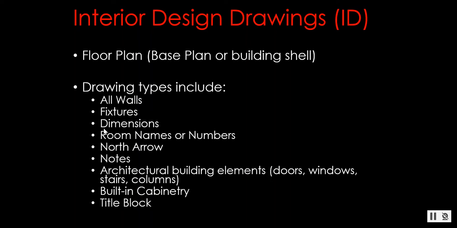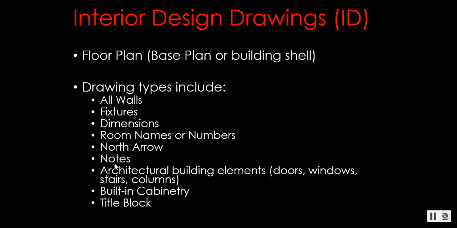Now it also includes dimensions, and I'm going to teach you and show you how we dimension a base plan or floor plan. Also, the floor plan will contain the room names, or it might even have a number. Larger commercial spaces often just number their rooms because there's so many. Always has that north arrow.